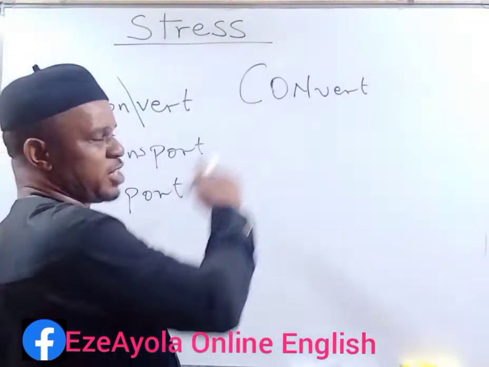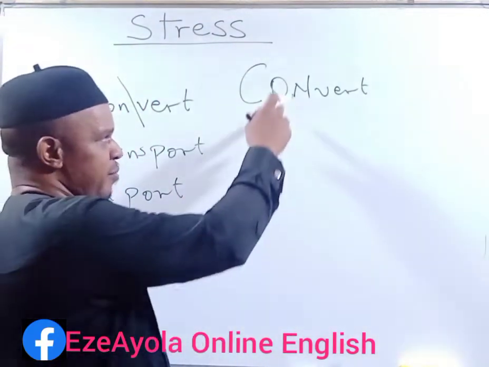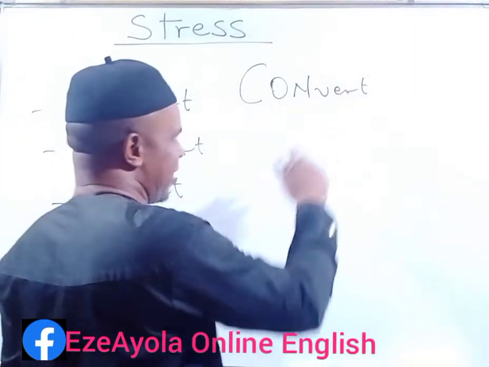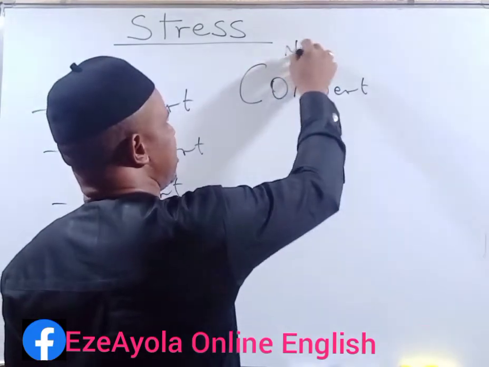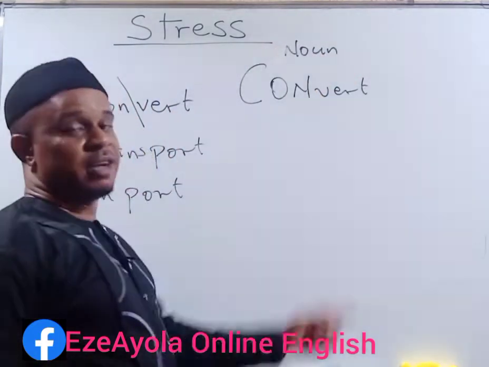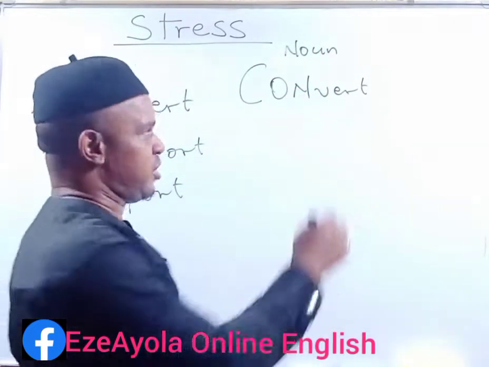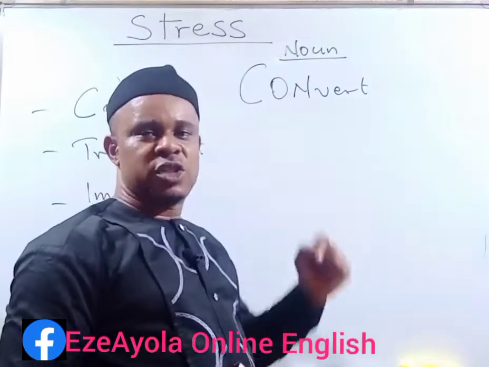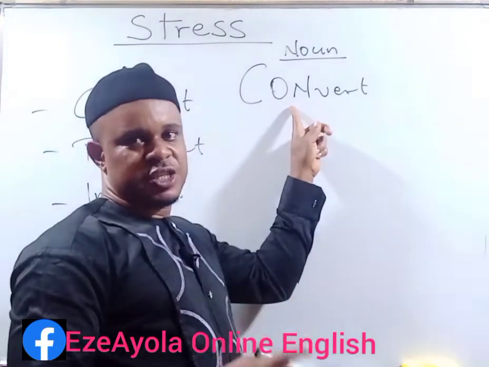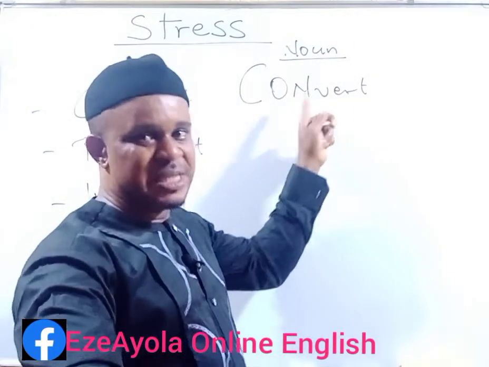Remember, the stress could be shifted from the first syllable to the second. Now, because we have the stress on the first syllable, that is why this word is belonging to the grammatical class noun. It is a noun. But then when we shift, is it possible for the stress on the first syllable to be shifted to the second syllable?